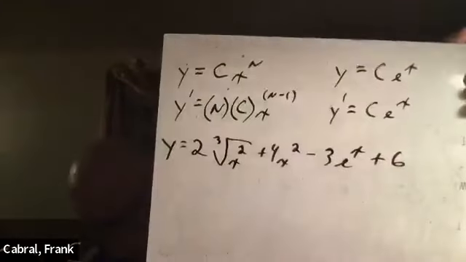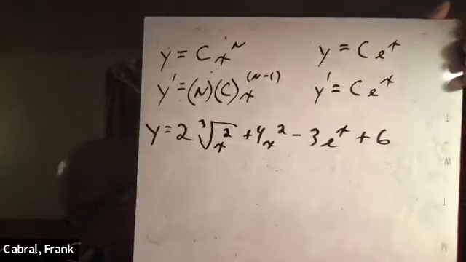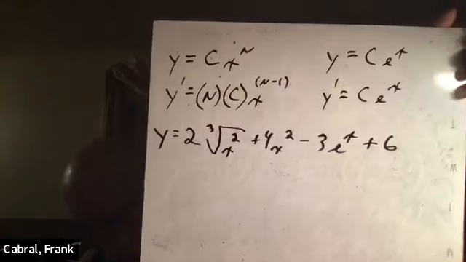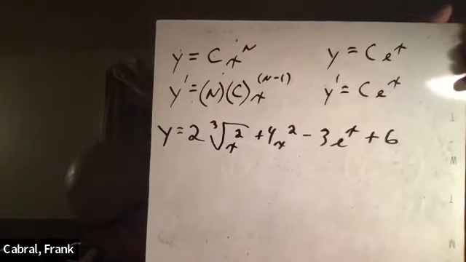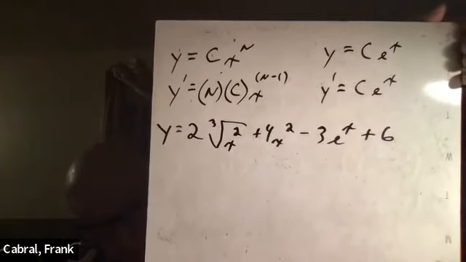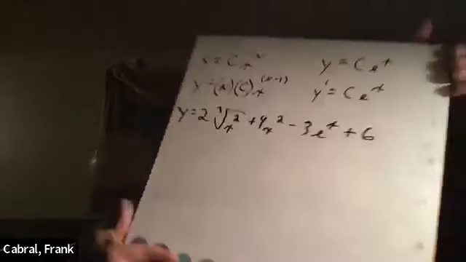Now, in order to use the power rule, you want to make sure that every variable is in exponential form. Notice that the first term here, 2 times the cube root of x squared, is not in exponential form. So what I'm going to do first is put this into exponential form. This should always be your first step, by the way.